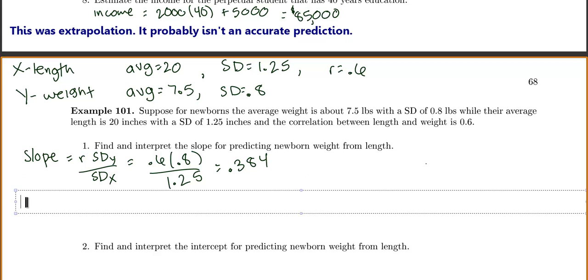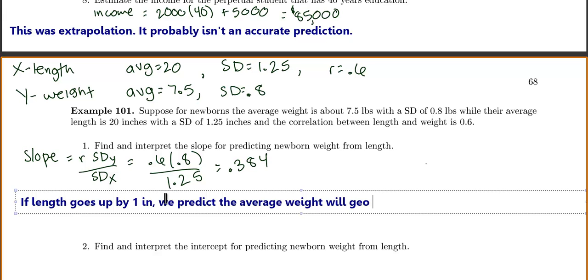How do I interpret this? We say if x goes up by 1, so if length goes up by 1 inch, we predict the average weight will go up by about 0.384 pounds.